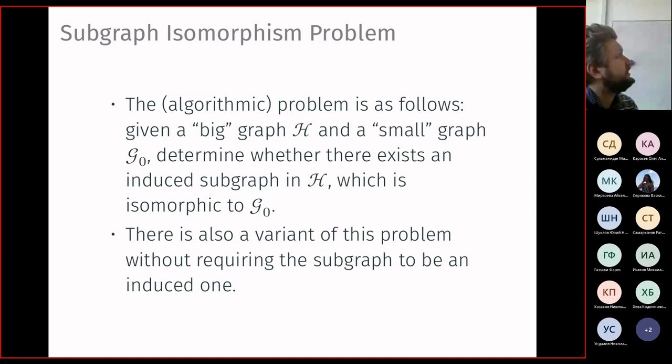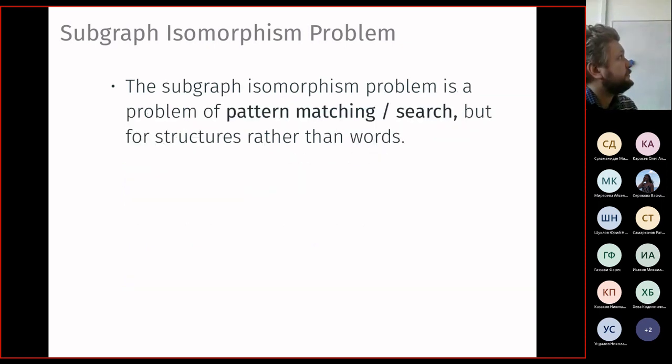So why are they called big and small? Well, because it's a pattern match, a pattern search, really. So H is the big structural graph of some real-world structure. It could be a social network graph, as we noted before. It could be, say, in biochemistry, a graph of a big molecule or a series of molecules, a big protein, for example, DNA. And G0 is a small one, it's a pattern.